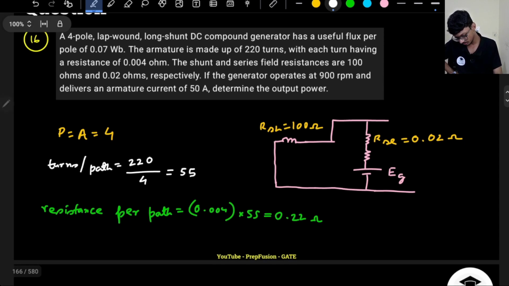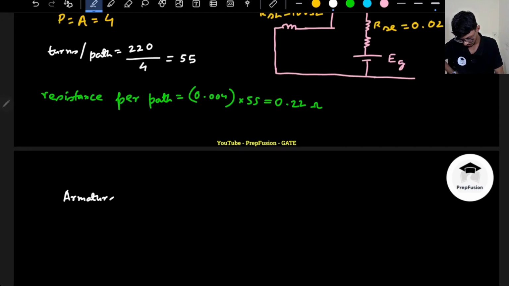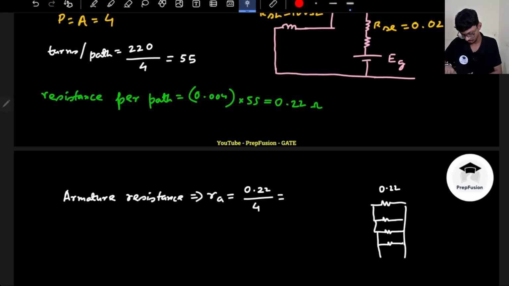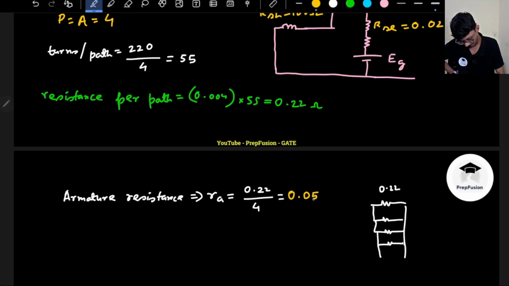So the armature resistance: each path has a resistance of 0.22, and I have 4 of these paths, so overall the armature resistance Ra will be 0.22 divided by 4, which is 0.055 ohms. Okay, this is the armature resistance.